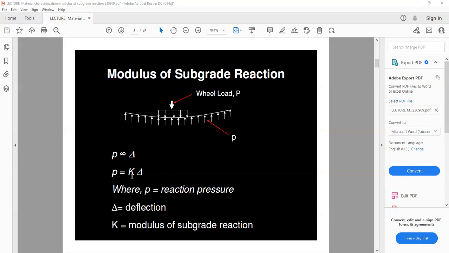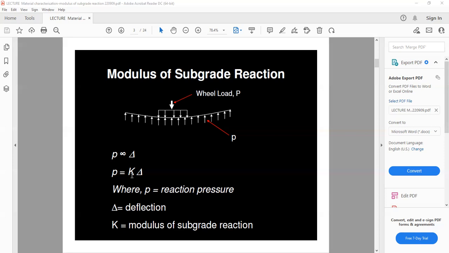The unit should be pound per square inch per inch. It can be kilonewton per millimeter square per millimeter. It can be Newton per millimeter square per meter. Any unit.